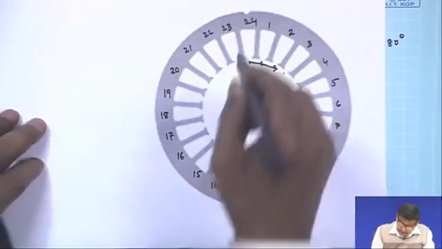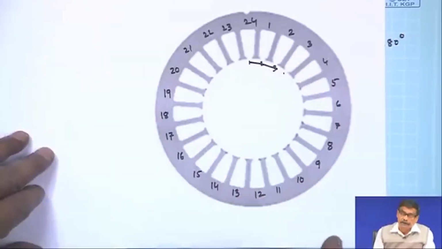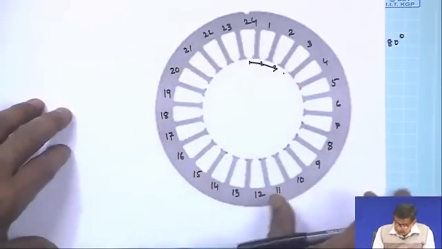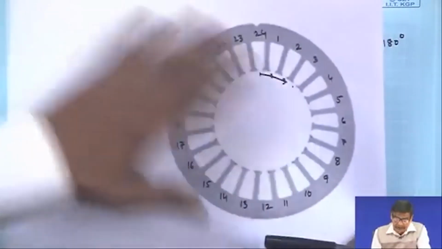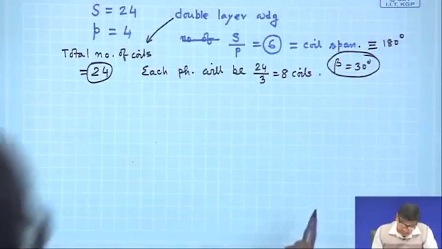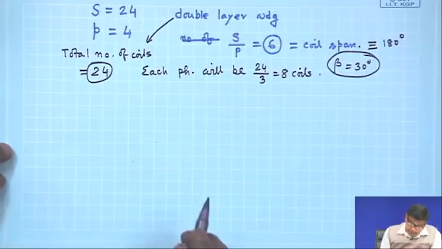Now, in this I will use double layer winding. This is the thing, and this I will show later. First I will not draw this, but this is the thing I mean.